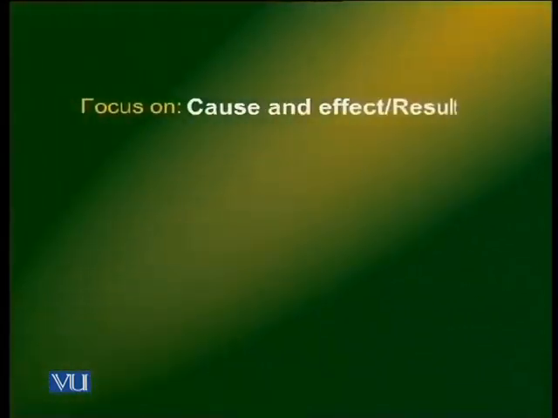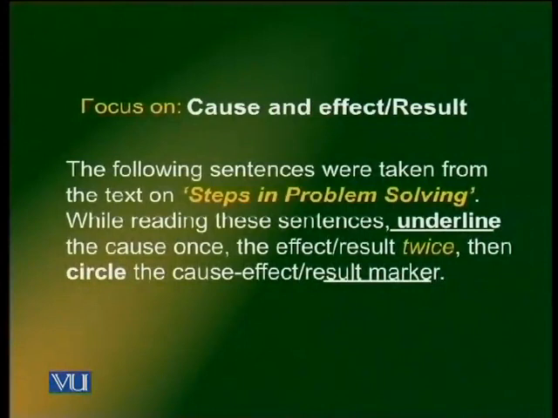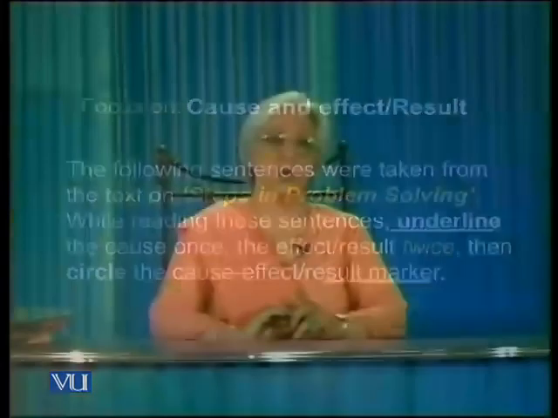Right? Now, having done the usual exercises, we will look at how in English cause and effect or cause and result are shown. Now, you will find a number of sentences which have been taken from the text that you've just read, steps in problem solving. While reading these sentences, you underline or identify, in whichever way suits you, the cause.